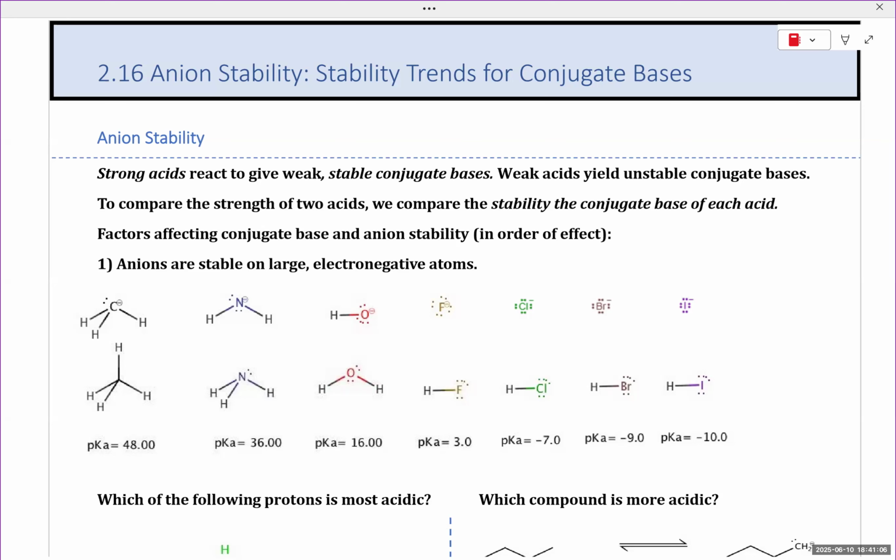So let's talk about stability trends for anions and other conjugate bases. Strong acids react to yield weak, stable conjugate bases, while weak acids yield unstable conjugate bases. To compare the strength of two acids, we can compare the stability of the conjugate base of each acid. So let's talk about some factors affecting conjugate base and anion stability. Anions are generally stable on large electronegative atoms.